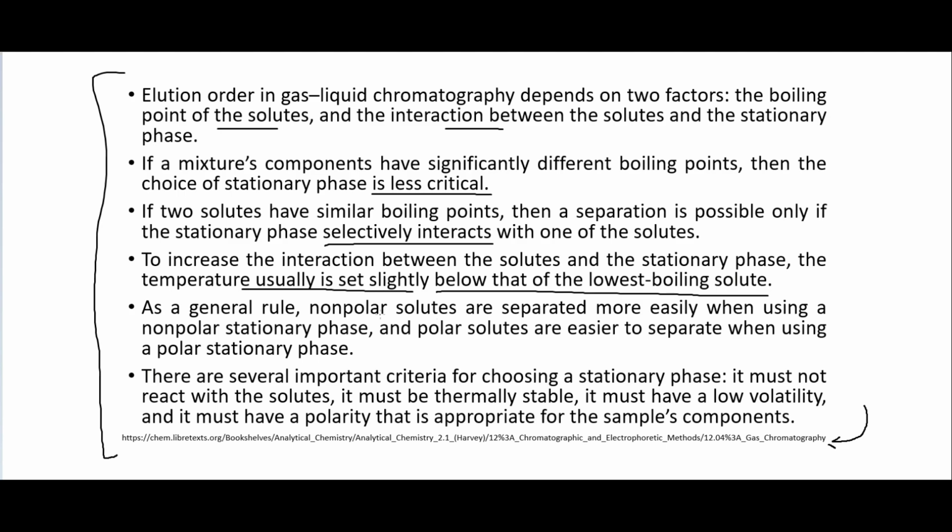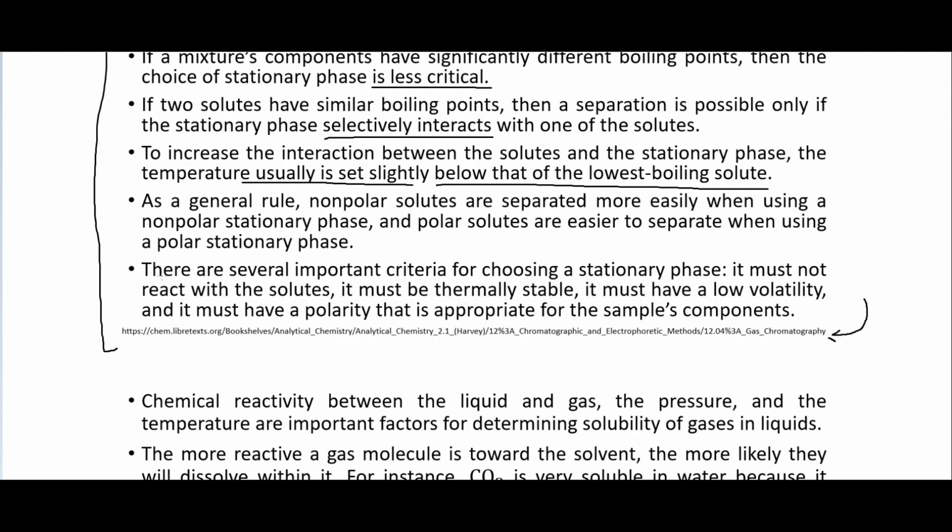As a general rule, nonpolar solutes are separated more easily when using a nonpolar stationary phase and polar solutes with a polar stationary phase. There are several important criteria for choosing a stationary phase. It must not react with the solutes, so you don't want a stationary phase that's going to react with your solutes, and then those solutes ruin your column and don't actually move through the column.